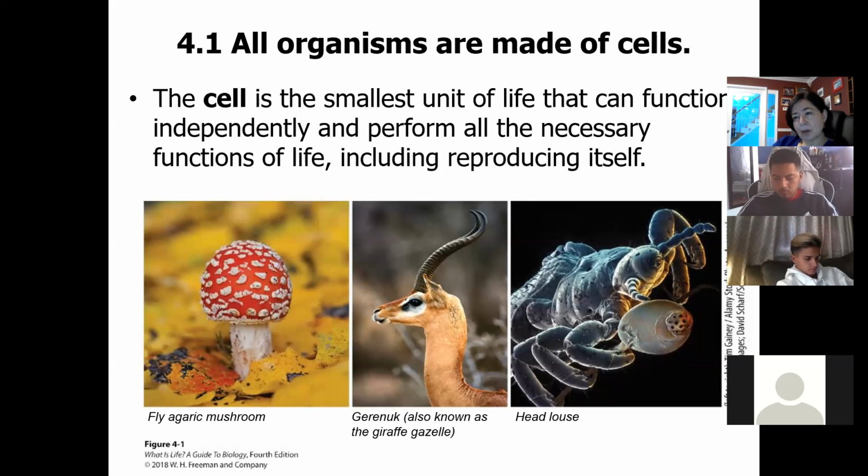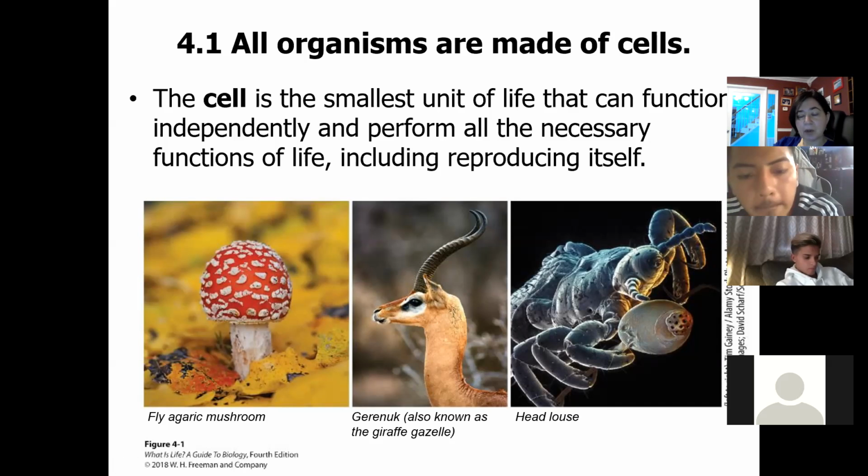The whole field of cytology, the study of cells, started in the 19th century, and then the cell theory was outlined. One of its principles is that the cell is the smallest unit of life, and it can be an independent unit of life.